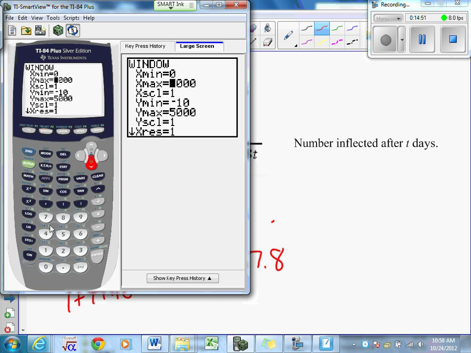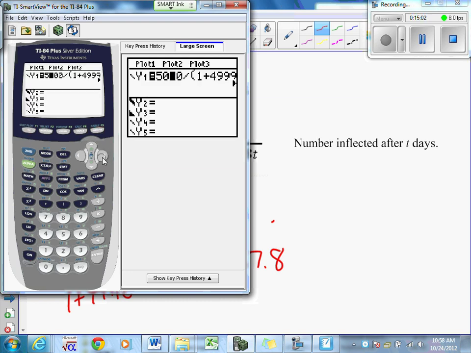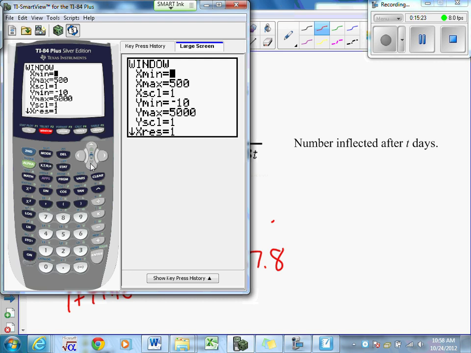Let's go back. Let's go 500. Nope. Oh, there's the problem. I put 10 in. I don't want 10. I had no variable. Need X. There we go. That's much better. Now let's change our window.